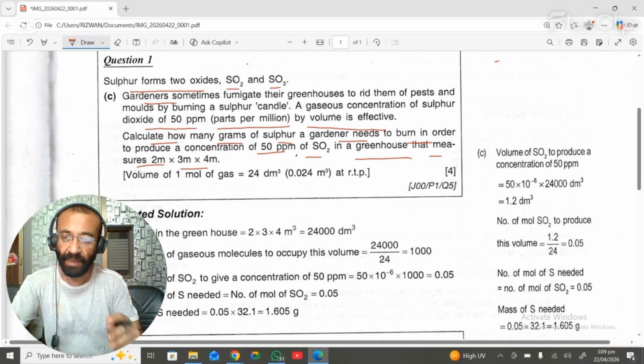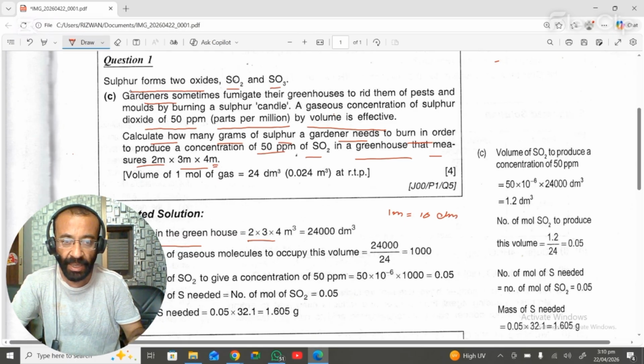First, we will measure the volume of the greenhouse in which sulfur dioxide is to be produced. The measurements are 2 by 3 by 4, so 2 multiplied by 3 multiplied by 4, in meter cube because the meter unit is used. But we will convert it into decimeters, and in 1 meter there are 10 decimeters.